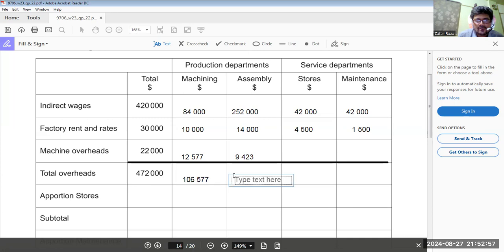Now here, get the totals. 252,000 plus 14,000 plus 9,423. That would be 275,423. Now here, 46,500. Here, 43,500.